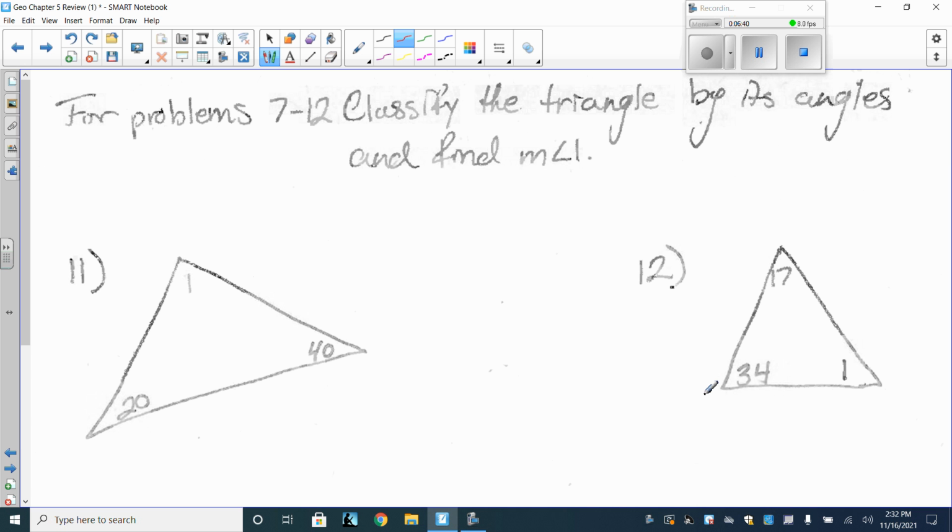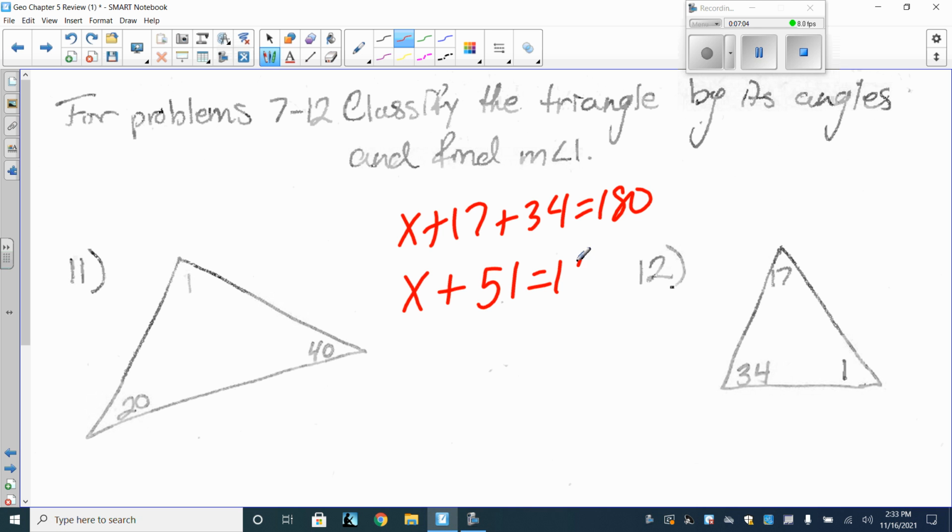So we have two angles given. One of them is 17, the other is 34, and still these three angles add together to be 180. So x plus 17 plus 34 is equal to 180. Well, we can add 17 and 34 together, which gives us 1 carry the 1, 51.